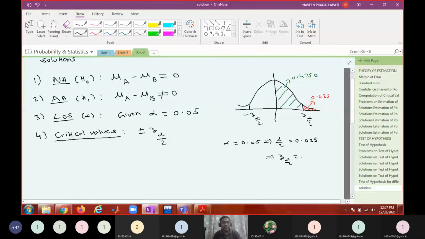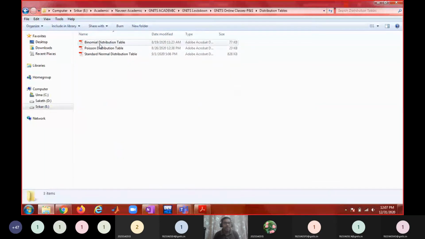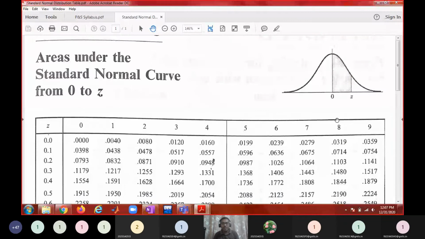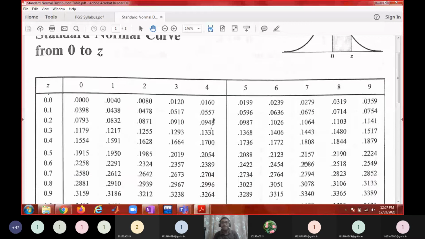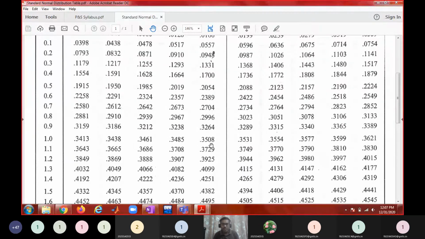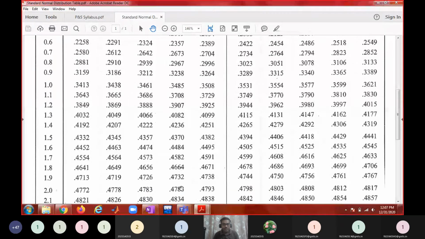We have to find it through the normal distribution table. Where are these distribution tables? Normal distribution, 0.4750 areas will be here. That area is nothing but the area from 0 to Z. This shaded part's areas will be given here. Corresponding to Z, you have to find 0.4750 here.